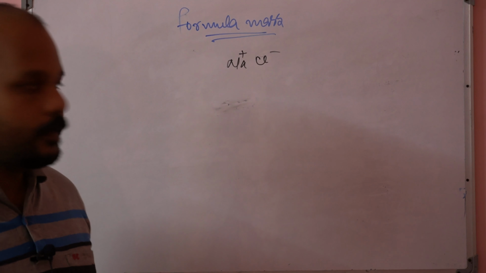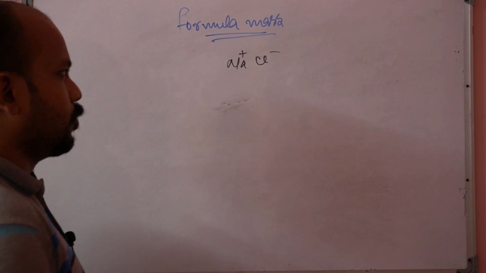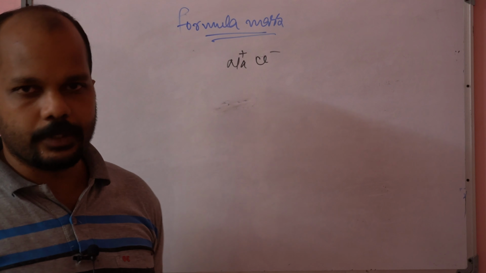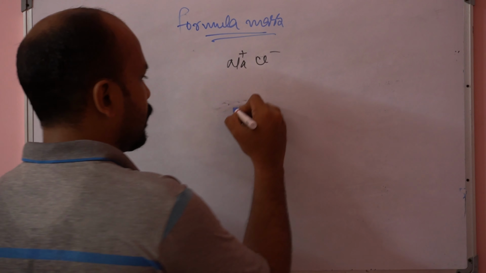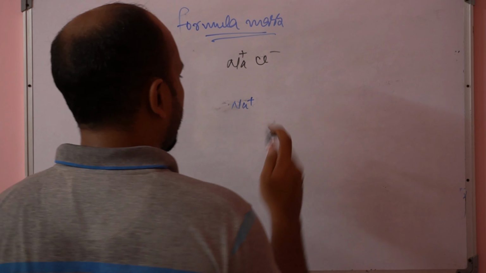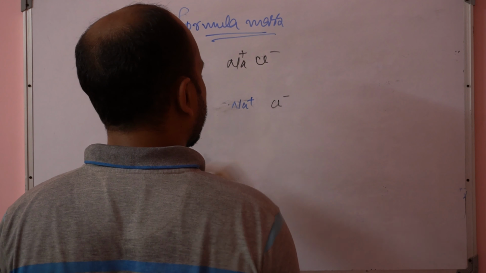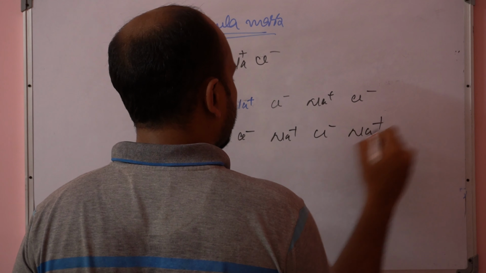Even though we write its formula this way, this molecule doesn't exist as a discrete molecule. We cannot take a single unit of NaCl. Na plus, Cl minus, Na plus, Cl minus, and so on.